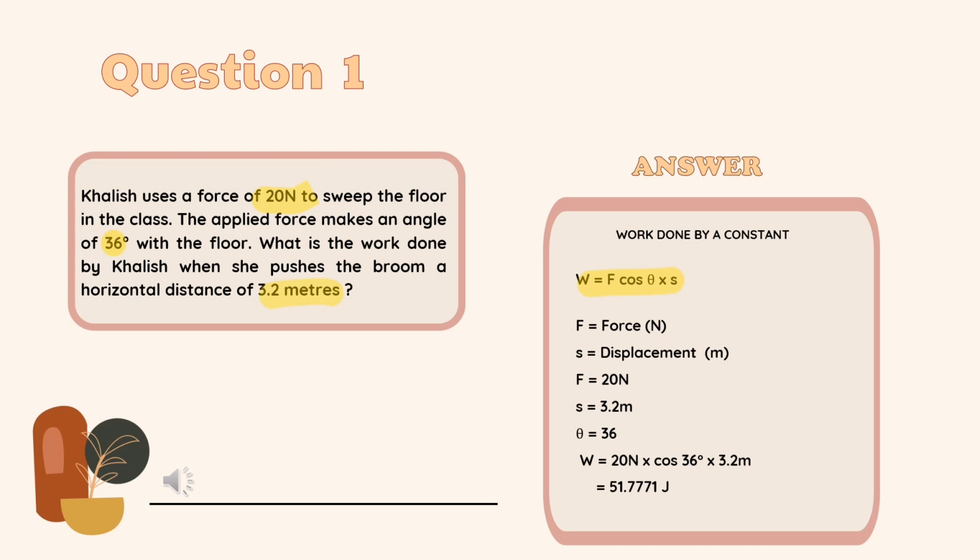F was given 20 Newton and S also was given 3.2 meters. Theta equal to 36 degree. So just calculate using the formula W equal to 20 Newton multiplied by cos 36 degree multiplied by 3.2 meters. So the answer will be 51.7771 joule.